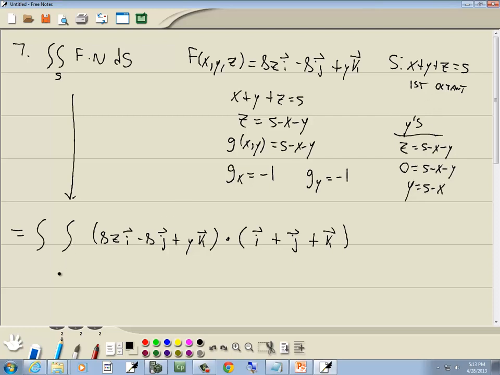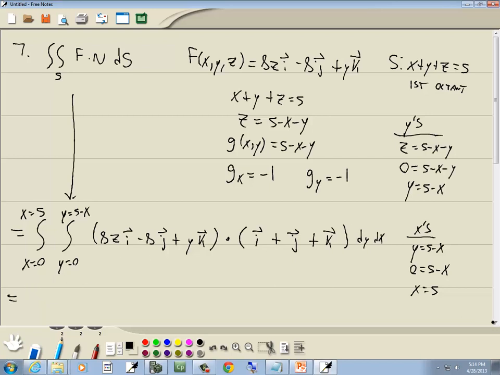Now we said first octant, so it starts at 0 and goes to y is equal to 5 minus x. Okay, now for our x's, we got y is equal to 5 minus x. At this point, y is gone, so we'll put 0 in for y, and we got 0 is equal to 5 minus x. Take negative x over, and we get x is equal to 5. So this is going from x equals 0 to x is equal to 5. And this will be our dy dx.